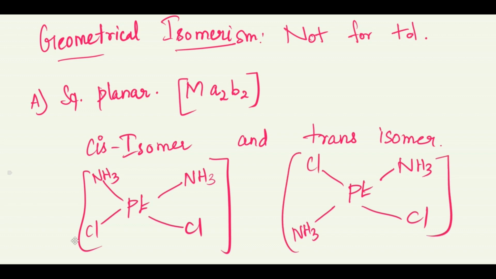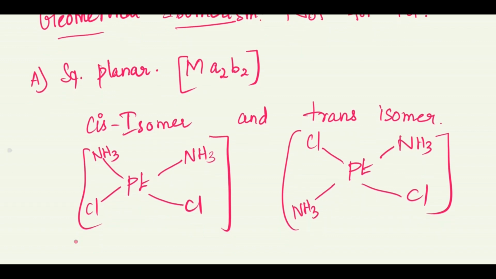So this is a very important isomer because the cis isomer has a different character than the trans. This complex is called cisplatin, which is used very much in the medicinal field.